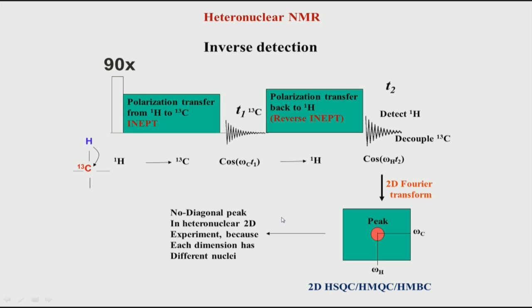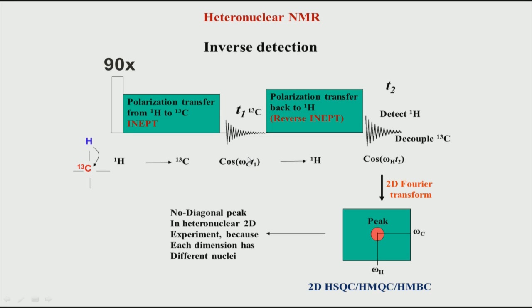So, before we move on, an important point to note is what has happened here. If you look carefully at these terms, you see one is carbon and another is hydrogen. But if you recall, in the homonuclear case we had proton and it was the same proton twice, because as I said last time, you cannot transfer complete polarization from one hydrogen to another hydrogen.